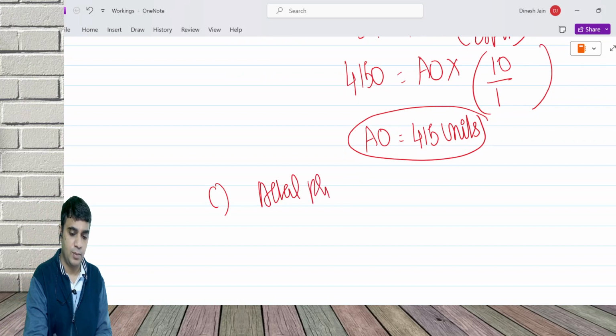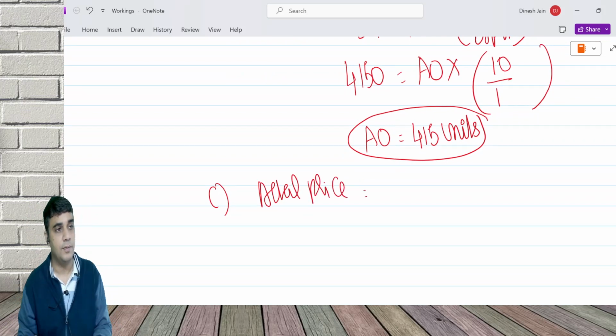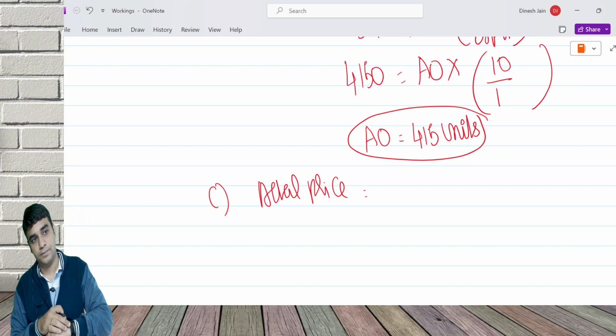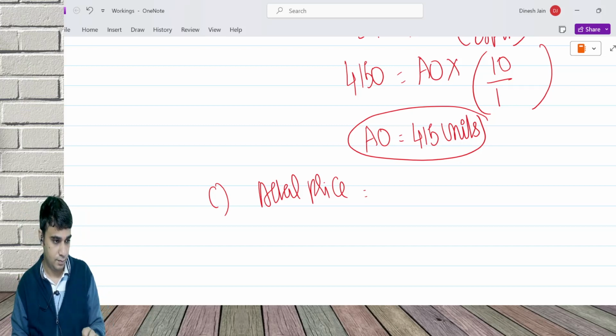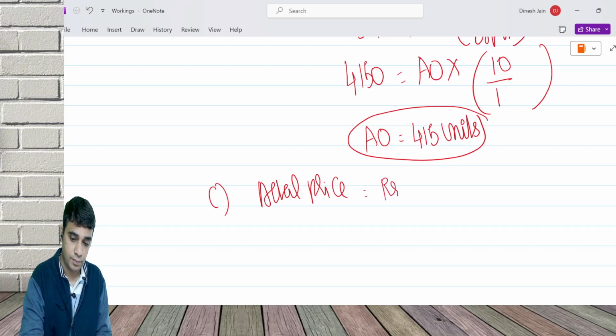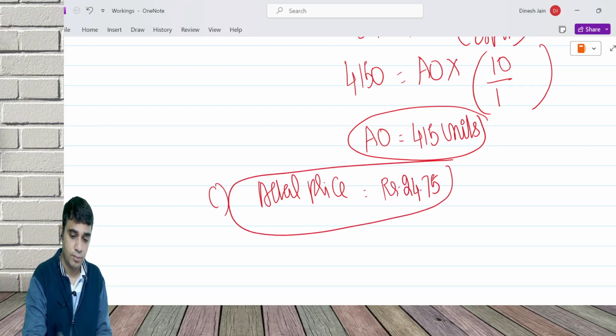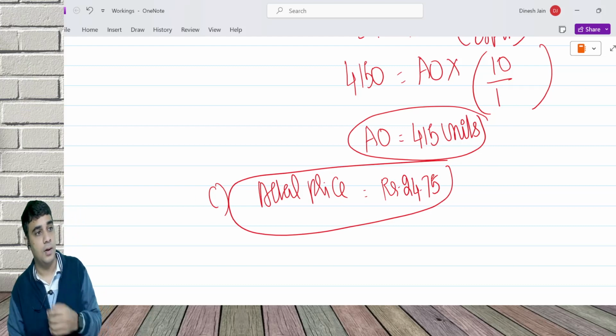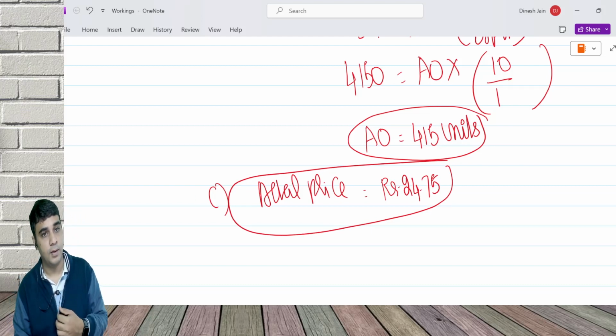Look at the table and tell me what's the actual price. Any doubts on this? Clear? Can we proceed?